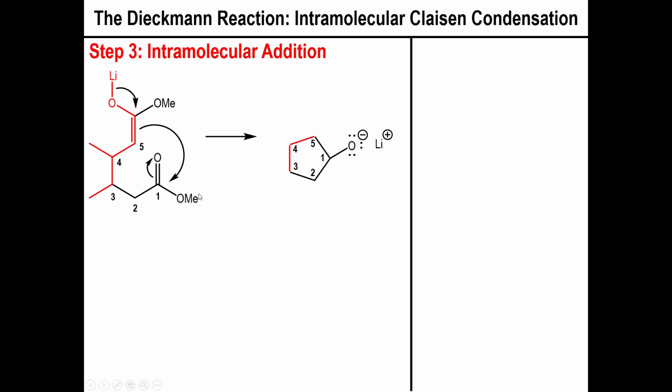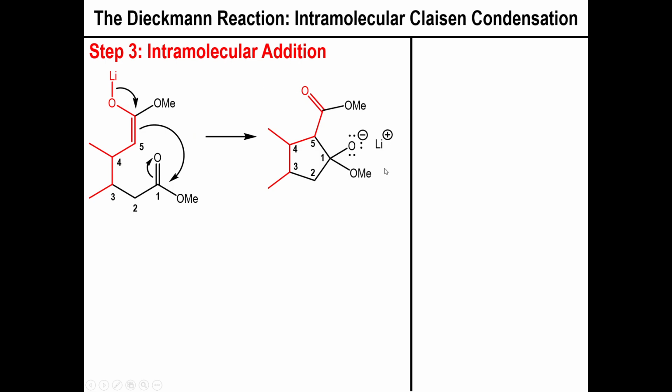But at position 5, we also have the methoxy component, right? So that's still going to be there. Then we make our way all the way to position 3, where we have a methyl group. At position 4, where we have a methyl group, we've also got a methyl group. At position 5, we're going to end up ultimately with the ester that we have regenerated in that process, right?